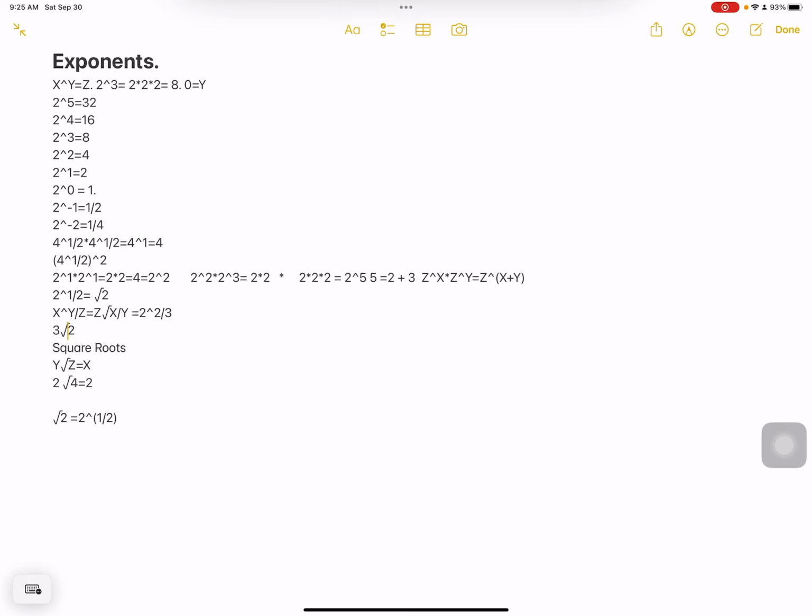I don't know. To make this a little easier for us, since this is irrational, so it'll be harder to express, let's make it 16 to the power 3 over 4.